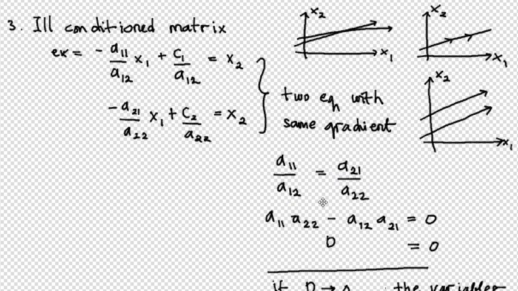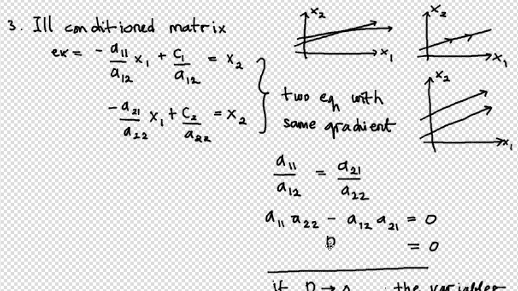then you can write like this, that the gradient is just the same or similar or equal. Then you will have a11 multiplied by a22, minus a12 by a21, equal to 0, right? So what is this actually? This one is the determinant.